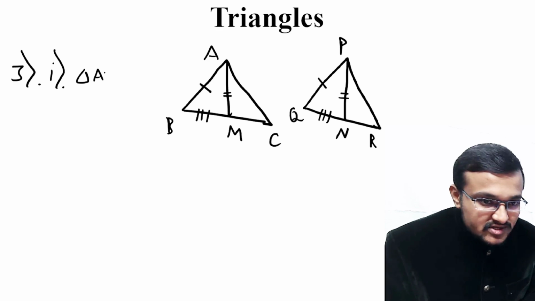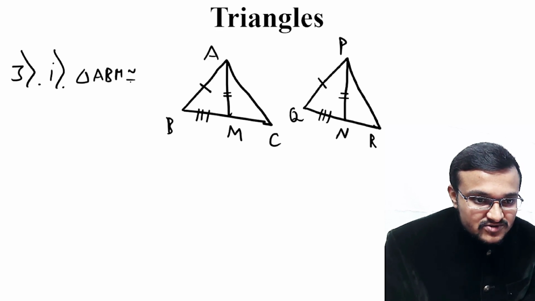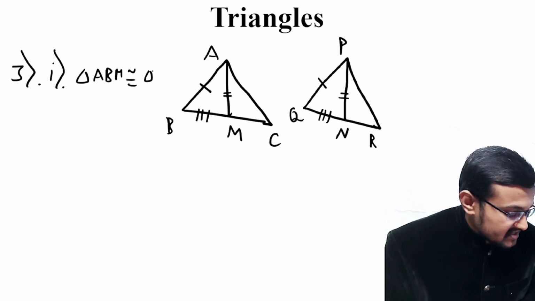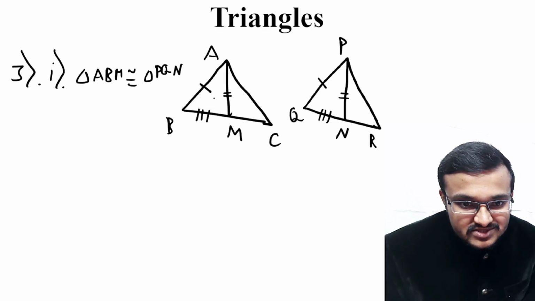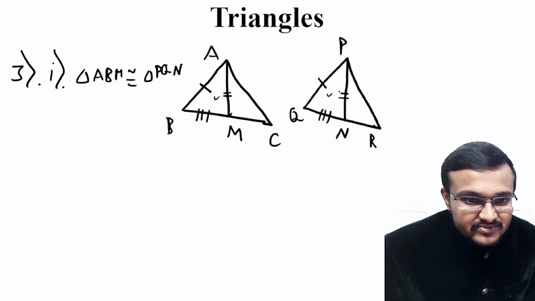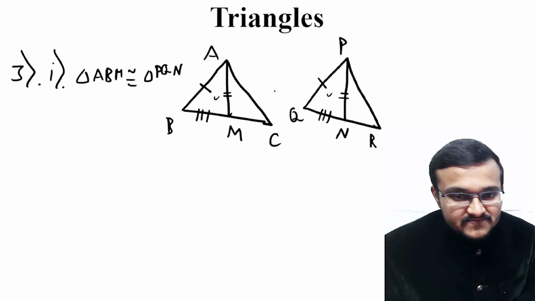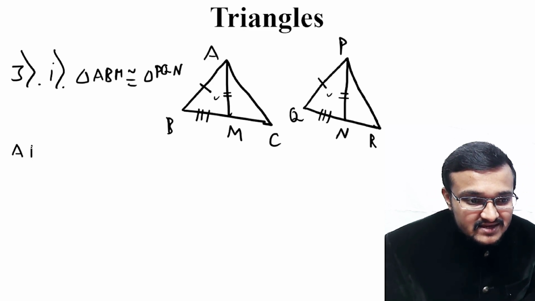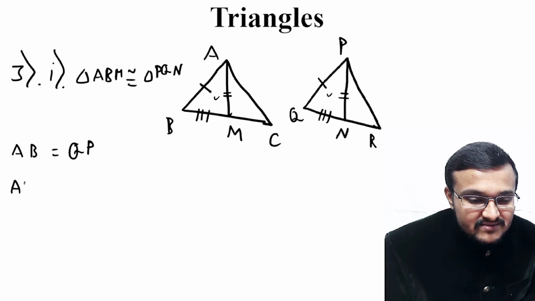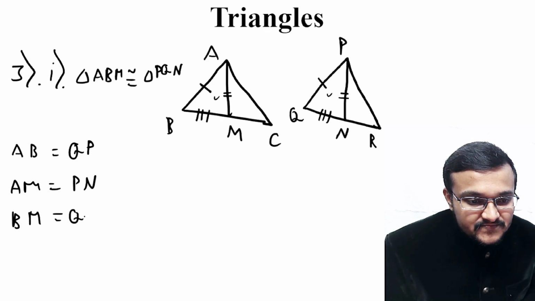First you have to prove triangle ABM is congruent with triangle PQN. Straight away they have given the data here, that is AB is equal to QP, AM is equal to PN, and BM is equal to QN.